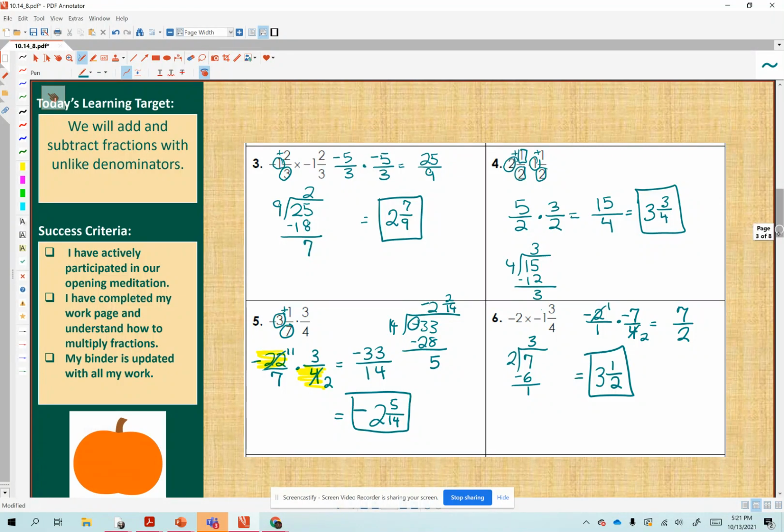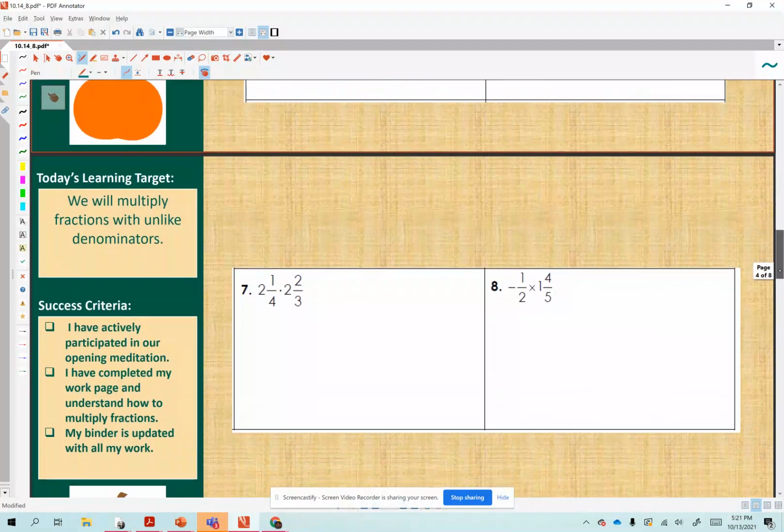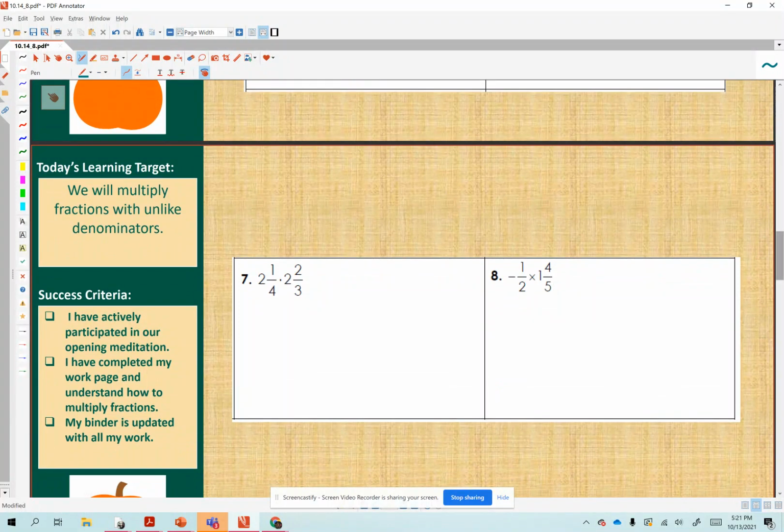So let's move on. Here's number 7. 2 and 1/4 times 2 and 2/3. So we need to make improper fractions out of these. So 4 times 2 is 8, plus 1 is 9. So that would be 9/4 times 3 times 2 is 6, plus 2 more is 8/3. Now I can do quite a bit of simplification here to make this problem easy.